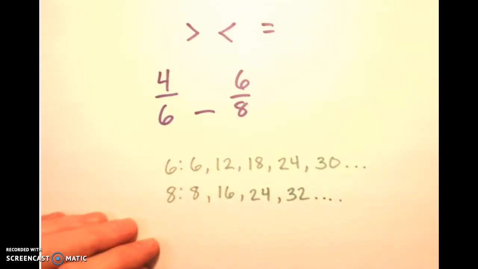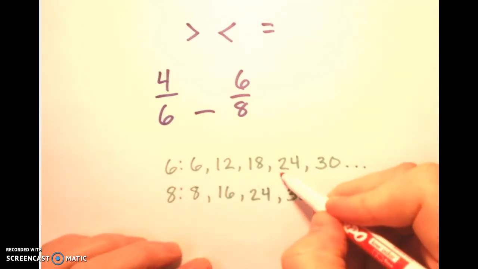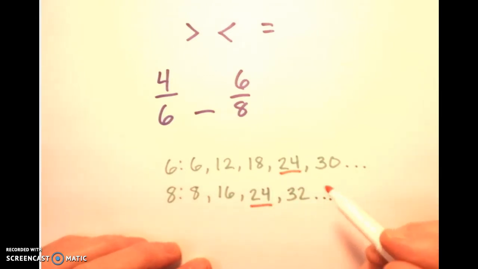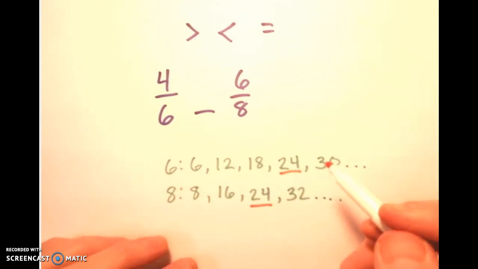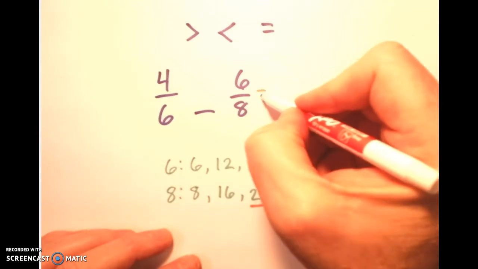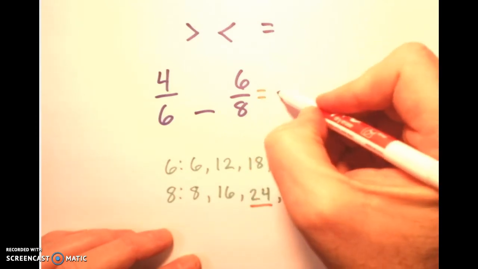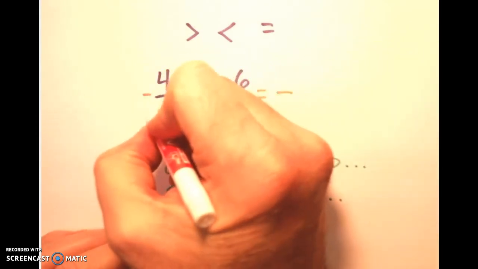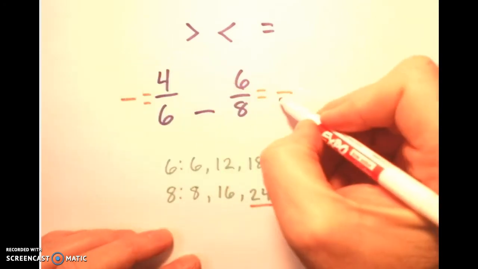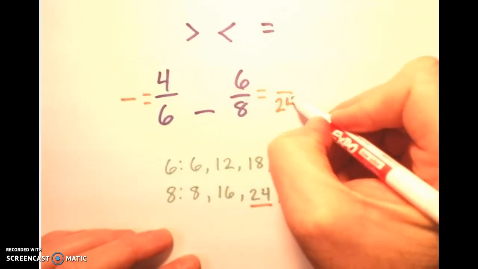Now, I see right away that these two sets of multiples do have something in common, and that is the multiple of 24. So what I'm going to do is create two new equivalent fractions that each have a denominator of 24.